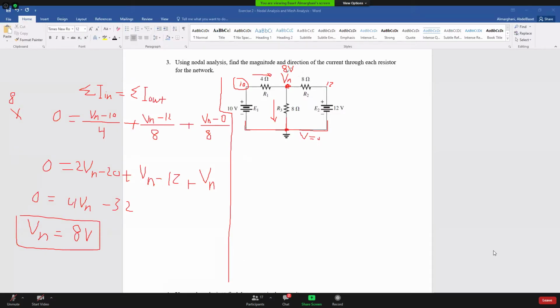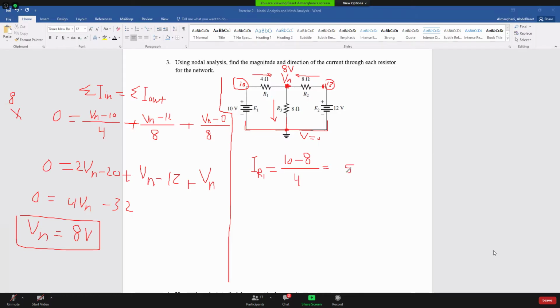The voltage here is 8. The voltage here is 12. So the current is going this way, from the high voltage to the low voltage. The voltage here is 12. The voltage here is 8. So it's going to go this way. So now in R1, the current equals the voltage, which is 10 minus 8, the voltage across the resistor, divided by the resistance, which is 4.